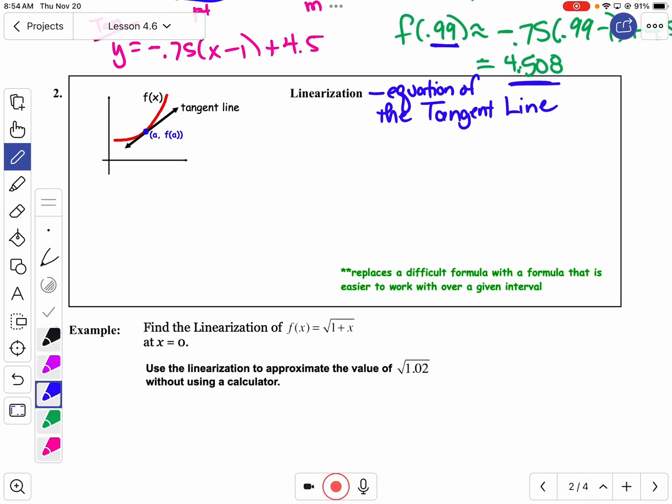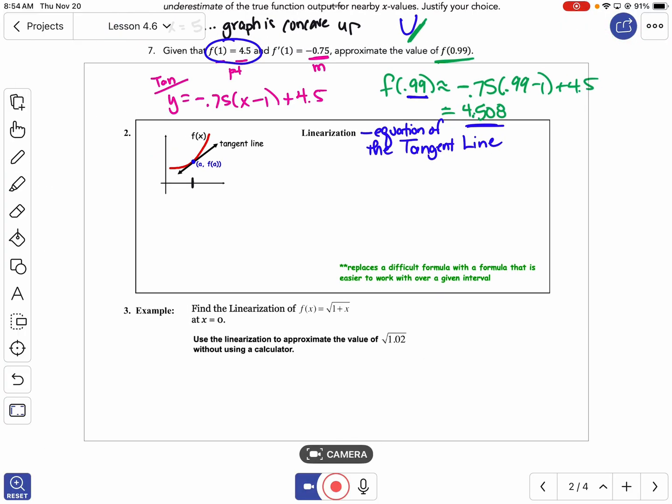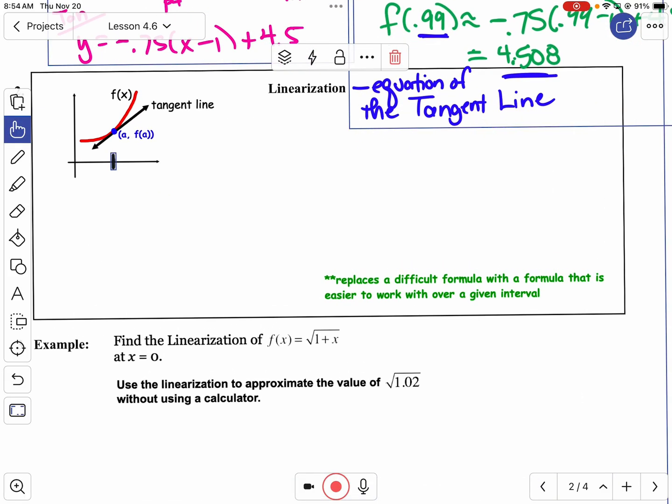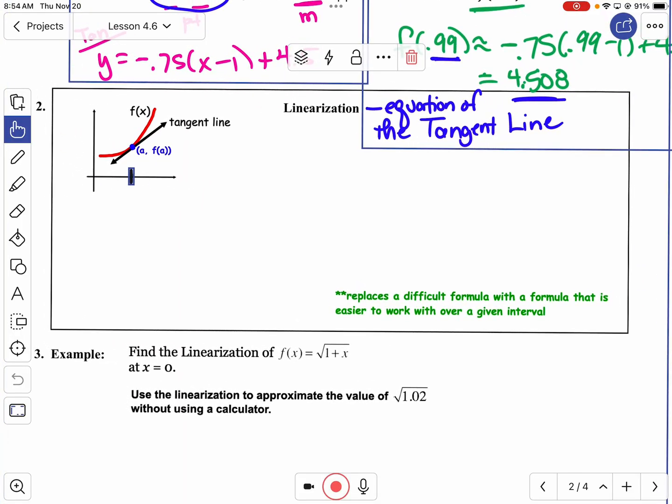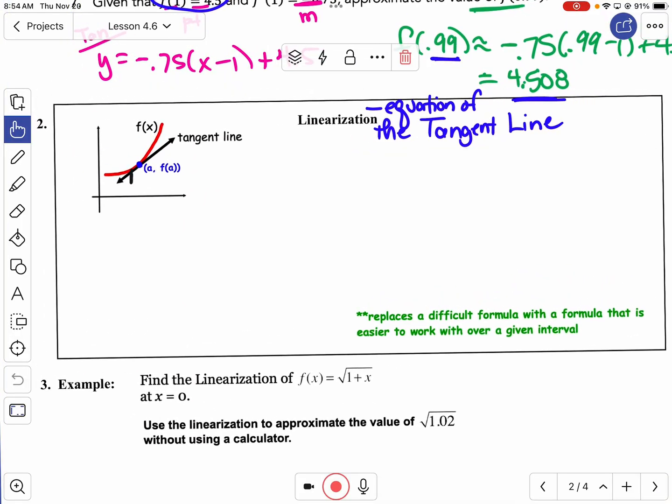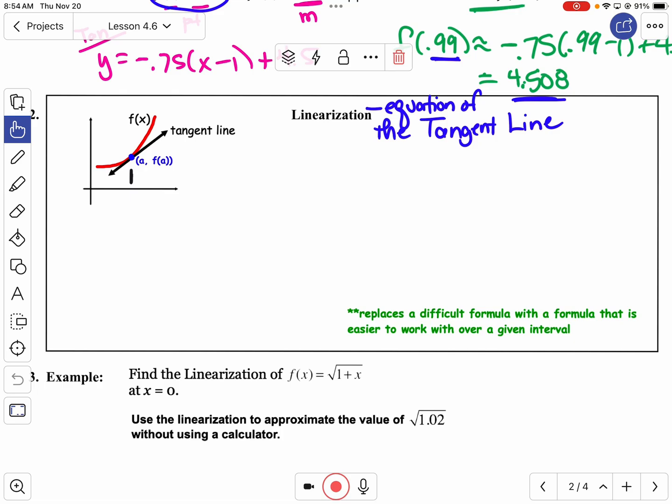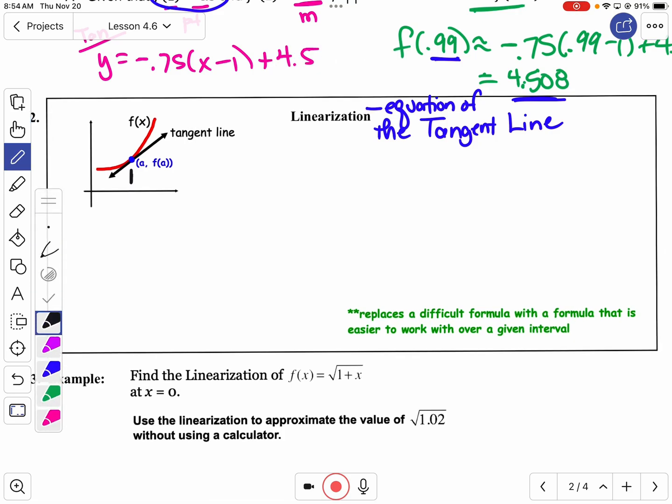And so if we look at just in general terms, if we were going to write the equation of this tangent line, so we have f of x, and we're doing the tangent at the point a comma f of a, okay? We know we need a slope and a point. So what's my slope going to be at that point?